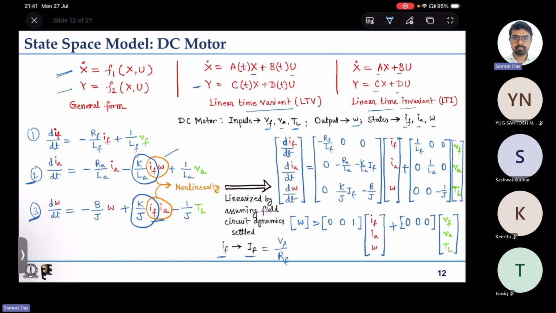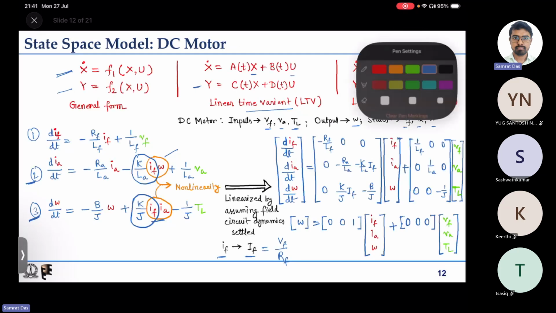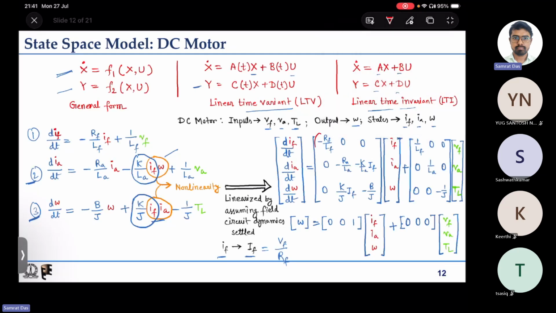And if that is done, then we could write the state equation, like we could get the A, B, C and D matrices. So the A matrix is known as the system matrix, where the diagonal terms are nothing but the reciprocals of the time constants of the corresponding circuits.